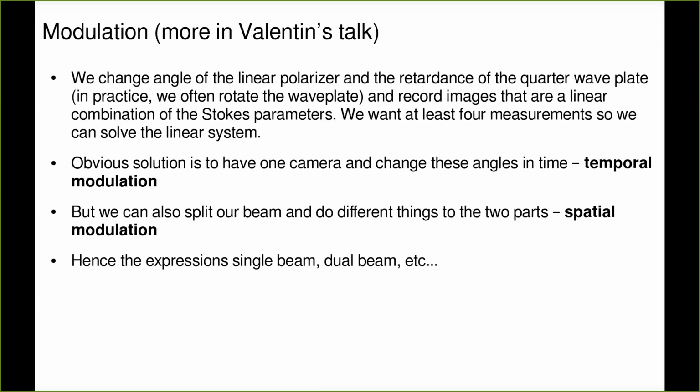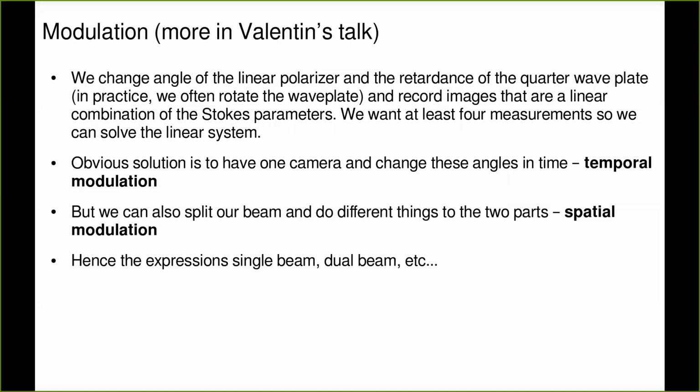In practice, you would usually combine this in some way. One thing you can do is take time to change these orientations, or you could use something called a polarized beam splitter, where you immediately divide the light into states of perpendicular polarization, and then you apply these quarter wave plates later.